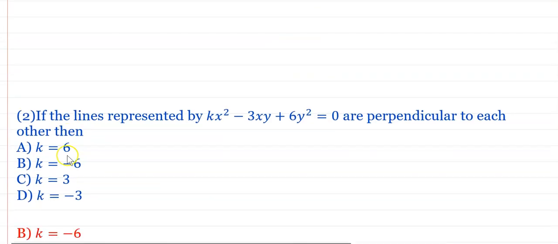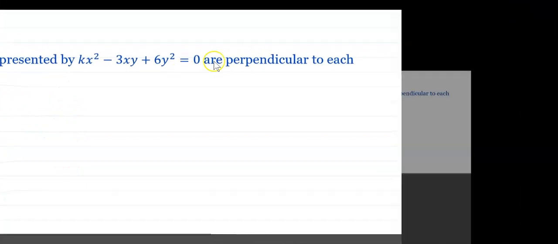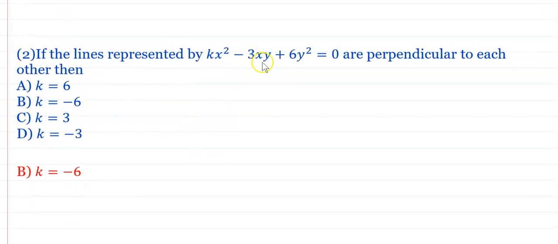Now the next question: if the lines represented by kx square minus 3xy plus 6y square are perpendicular to each other, then the value of k is. This is the joint equation of the pair of straight lines.